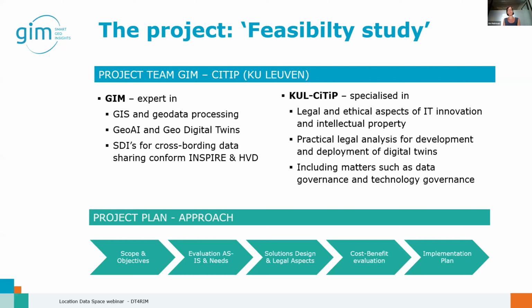So we follow a specific approach to get grip on the situation and to search for the enablers and the problems that might occur when establishing this digital twin. So first of all, together with the project partners, we defined the scope and the objectives of the project, and we built the definition of what for them means this digital twin.